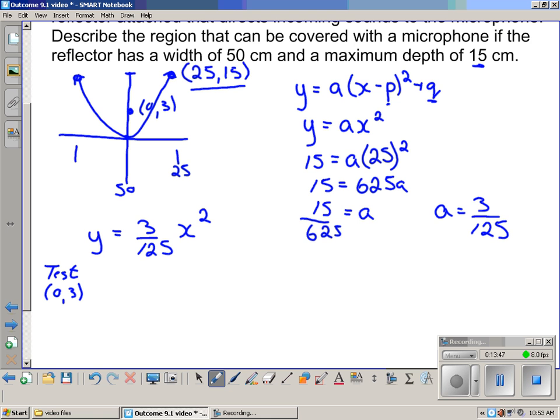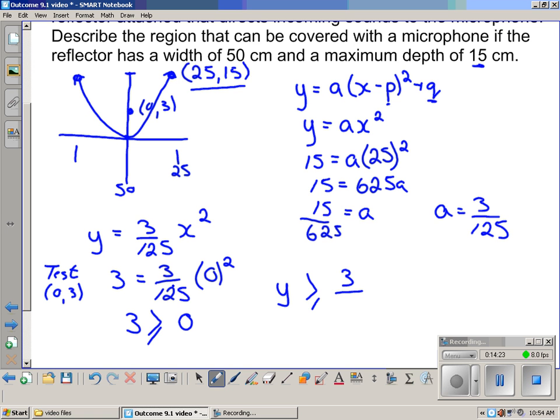If I test 0 and 3, substituting it in, I have 3 equals 3 over 125 times x, and x was 0. 0 squared is 0, and 0 times anything is 0, so I have 3 and 0 that I'm comparing, and so my inequality sign needs to go this way. And it is an equal to sign because the sound that hits that reflector is also included. So my inequality becomes y greater than or equal to 3 over 125 x squared.